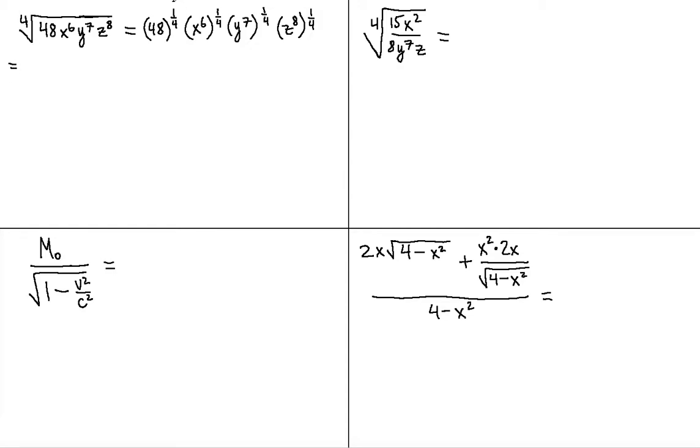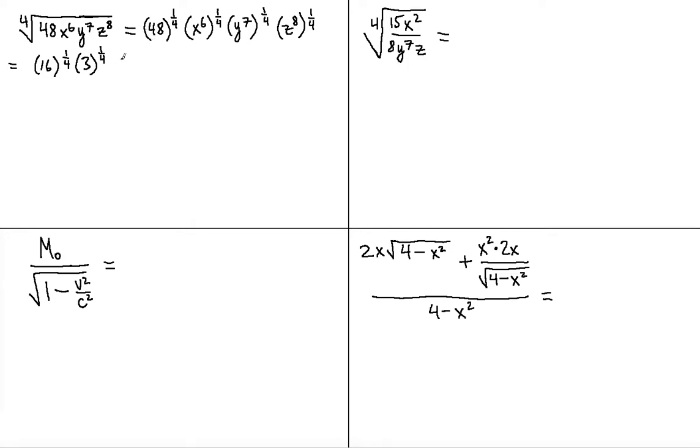So as you can see, 48 can be actually broken up into 16 and 3. Why 16? Well, notice that 16 raised to the 1/4 power is going to be great because we know it's going to be equal to 2, right? So that's already something that will be taken outside the fourth root radical. So then we will have 3 raised to the 4th power, right? Because we know 16 times 3 was 48.